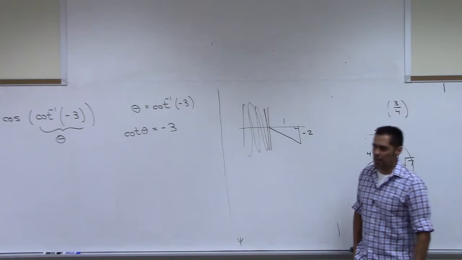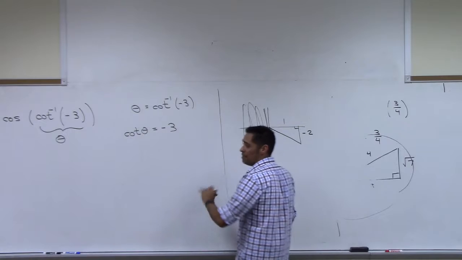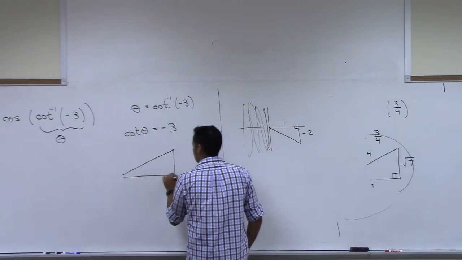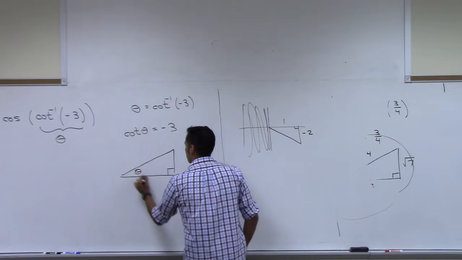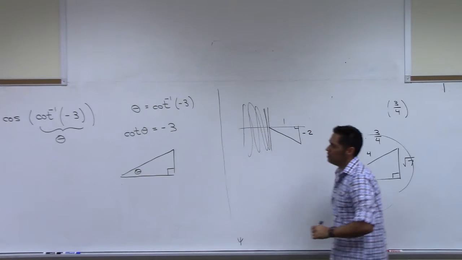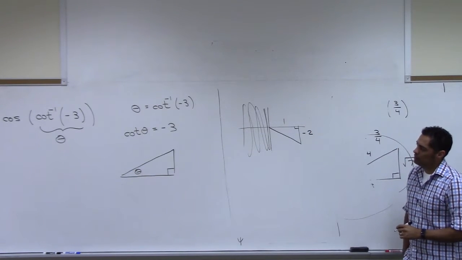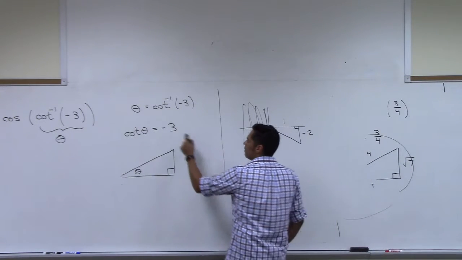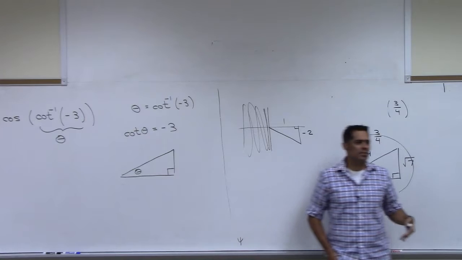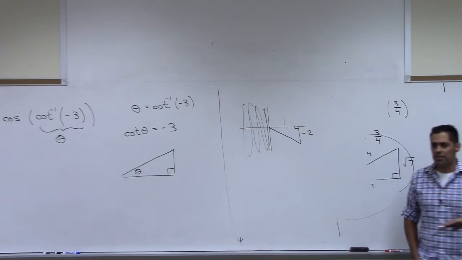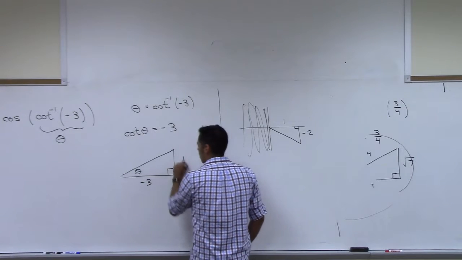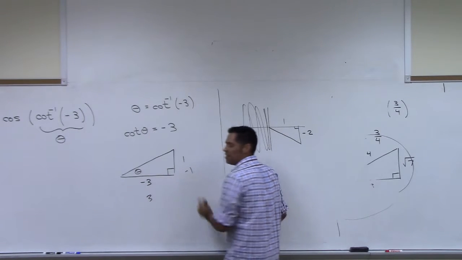Now let's draw a triangle and not pay attention to where we are. So how do you want me to label this? Cotangent is the adjacent over the opposite. Do you want me to go -3 here and 1 here, or 3 here and -1? You see, I could do either way.